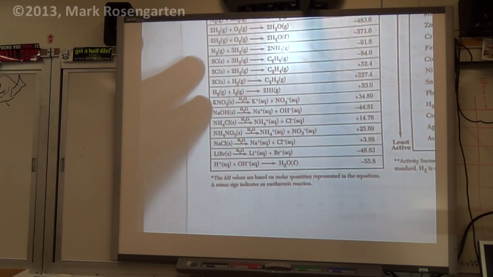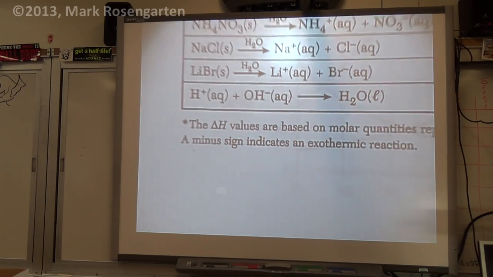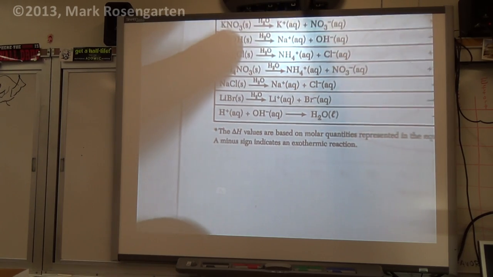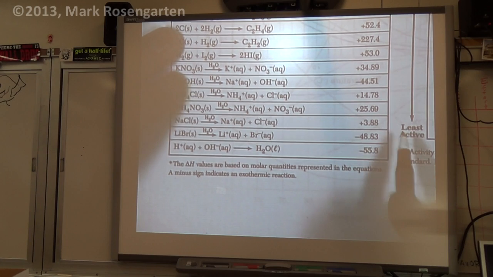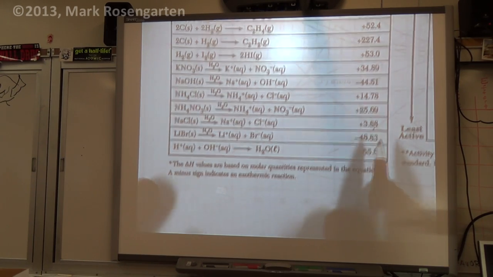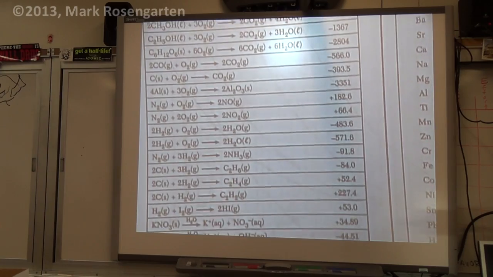And the best part is, it says right here, a minus sign indicates an exothermic reaction. So all you've got to do is take a look at the sign. If it's negative, you know you've got an exothermic change. So if they give you the heat in the reaction, you can tell from that. If they don't give you the heat, you can just look it up on reference table I and figure it out from there.